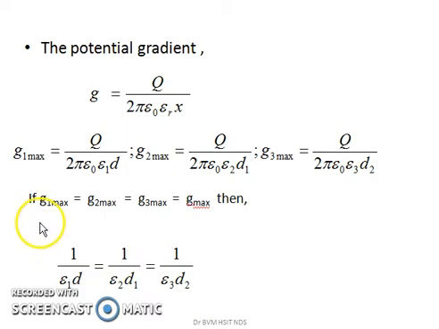If we want to make G1 maximum equal to G2 maximum equal to G3 maximum, then 1 by epsilon 1 d is equal to 1 by epsilon 2 D1, which is equal to 1 by epsilon 3 D2.